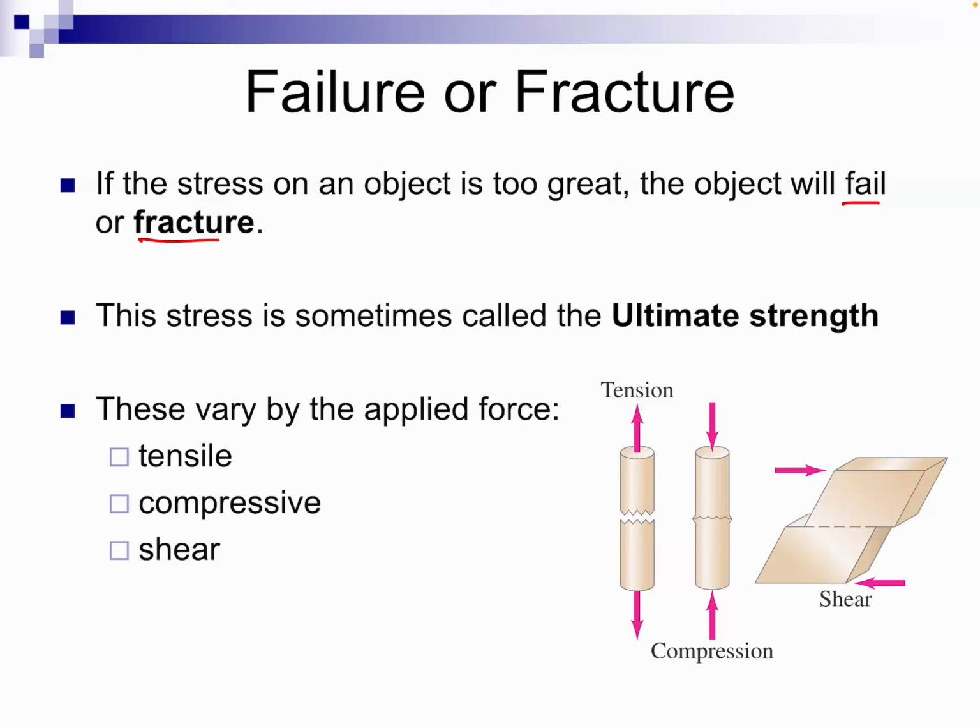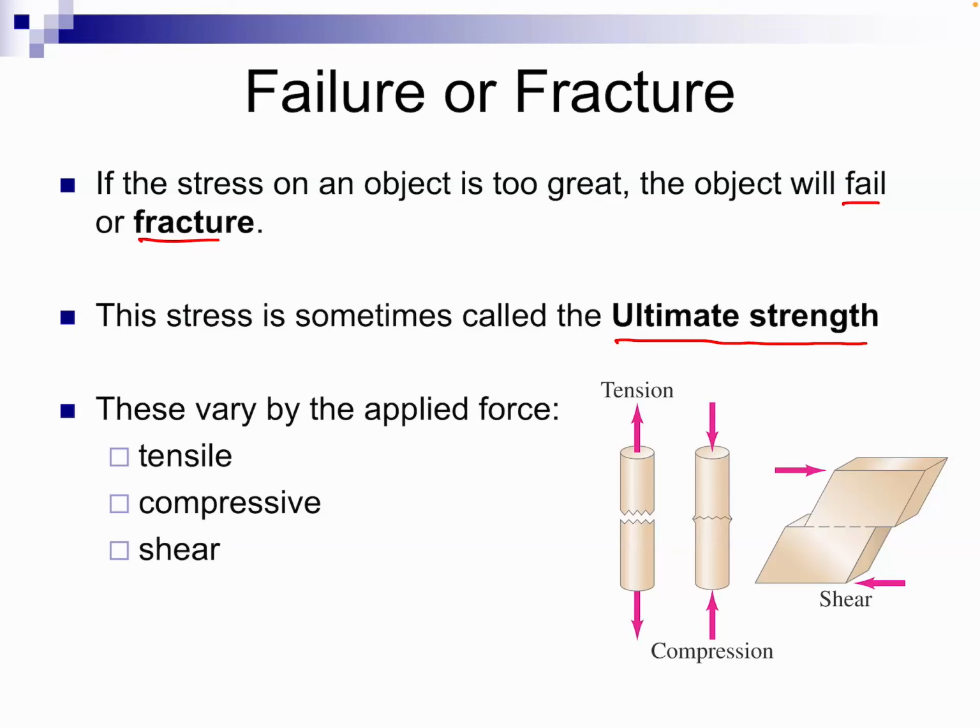They all refer to the same thing, when the object breaks. And so once you reach the breaking point, you have essentially determined the ultimate strength of the material, which tells you the maximum stress that the object can withstand before it breaks or fails.